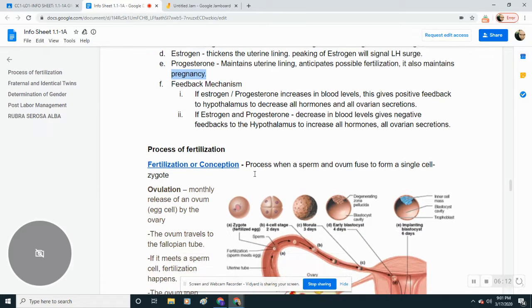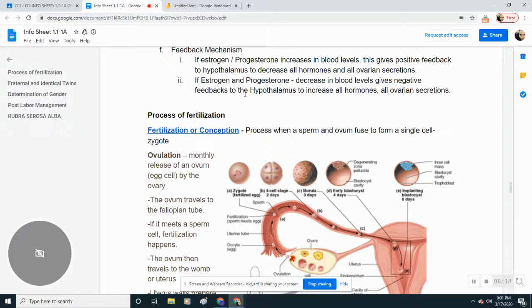So let's go to the process of fertilization. As I told you, if the sperm meets the egg cell in the fallopian tubes, the process of fertilization happens.